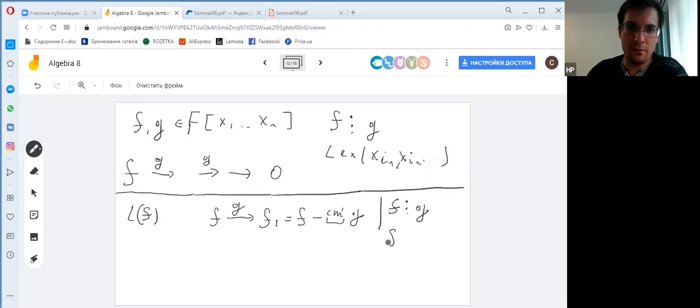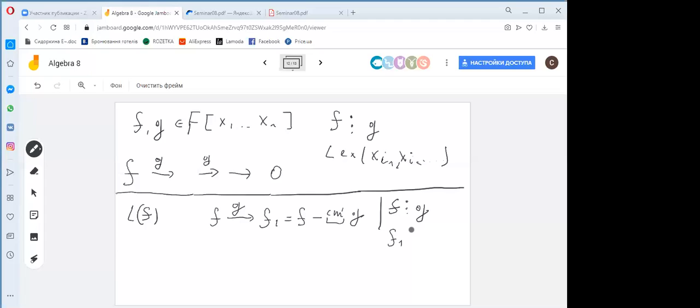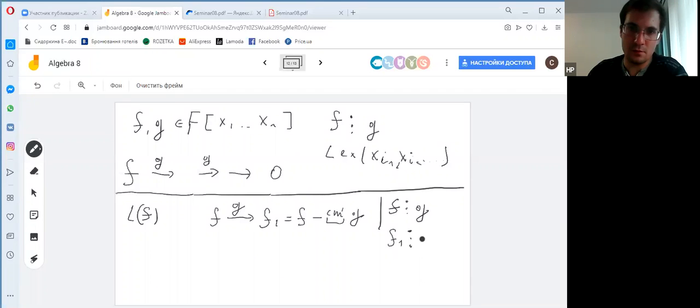What about f1? It's also divisible by g, of course, because the difference between f and f1 is this one, which is divisible by g. So if I take f and reduce it by g, all the results are divisible by g.